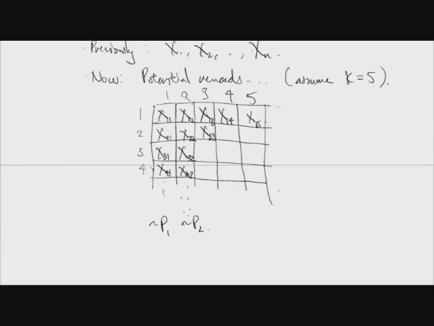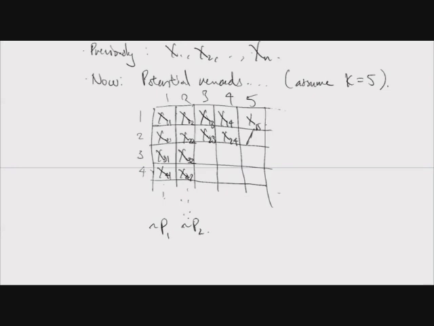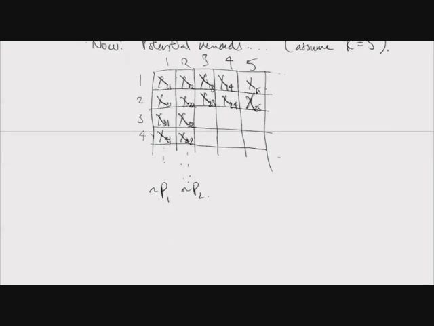Formally speaking, we want xij to be drawn according to the reward distribution for arm j.